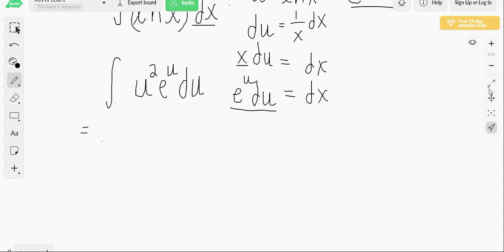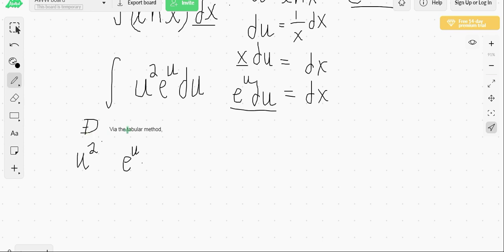You can do it by parts, which is kind of funny because you could have approached the original problem by parts. But anyway, if we approach this by parts, or if we use the tabular method, which I'm going to elect to use, so I'll just type via the tabular method. We can write u squared in the D column and then write e to the u in the I column.